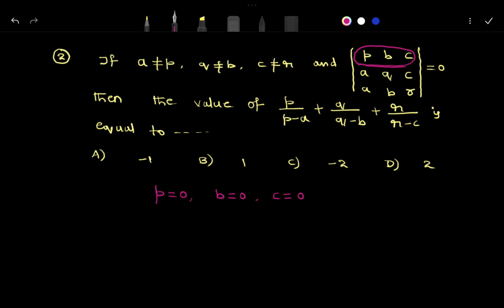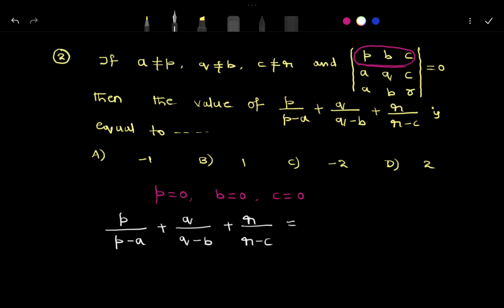Substitute all the values in the given expression. Therefore, this one will be P by P minus A plus Q by Q minus B plus R by R minus C. Substitute all these values in the given expression.